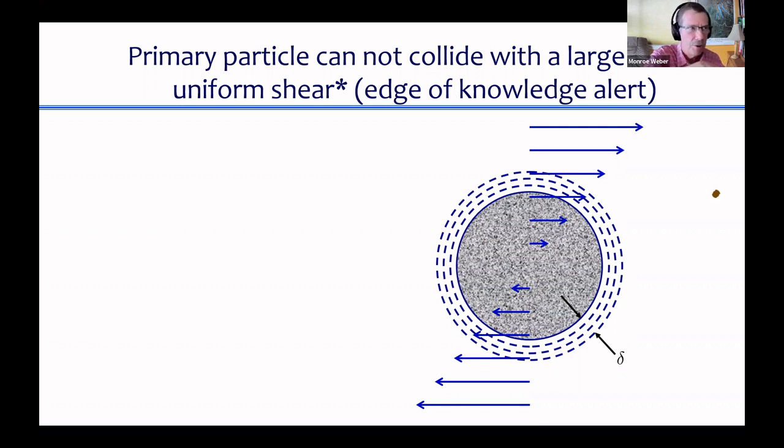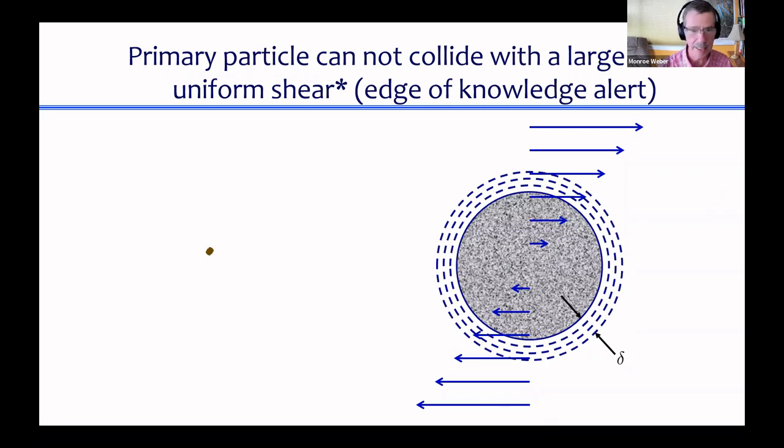So the particle, the flock, is going to be dragging fluid around with it. And so there's going to be a boundary layer, a layer of fluid that is spinning, not quite as fast as the particle itself, but spinning around with the flock.